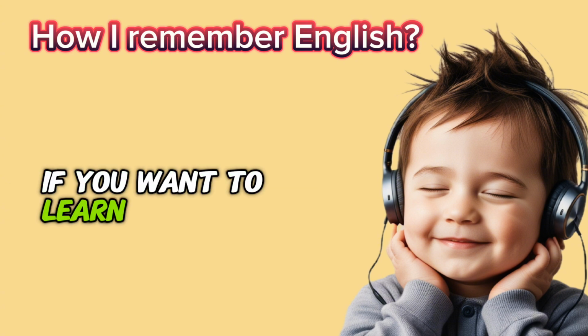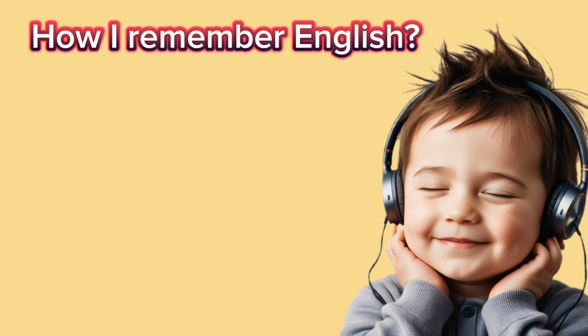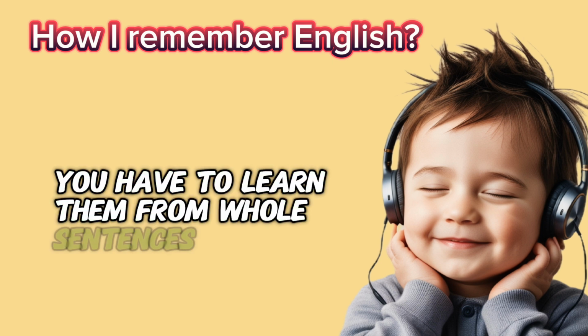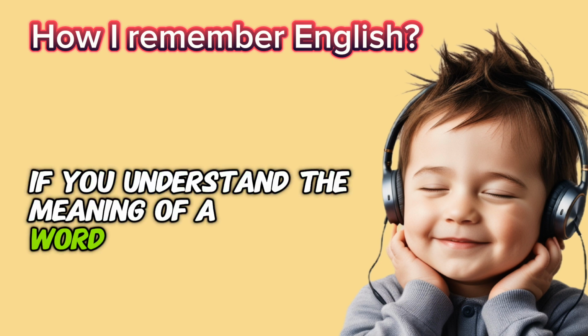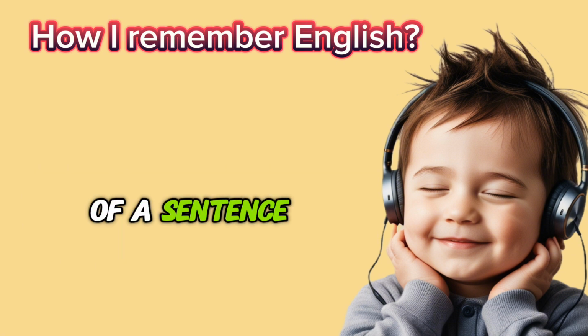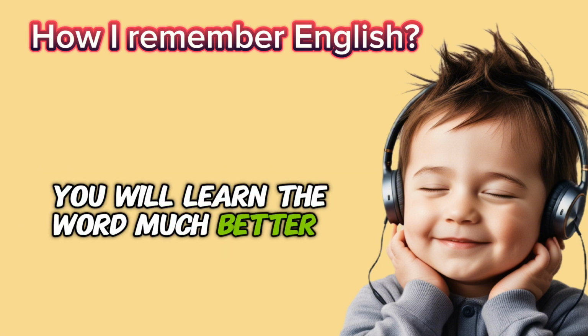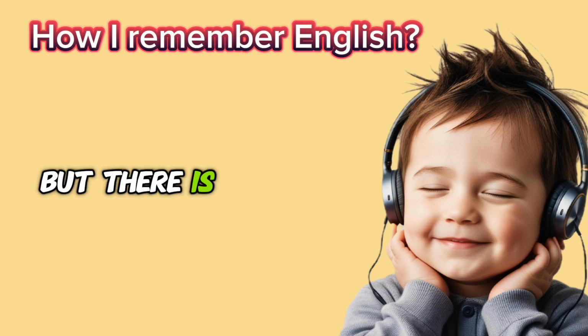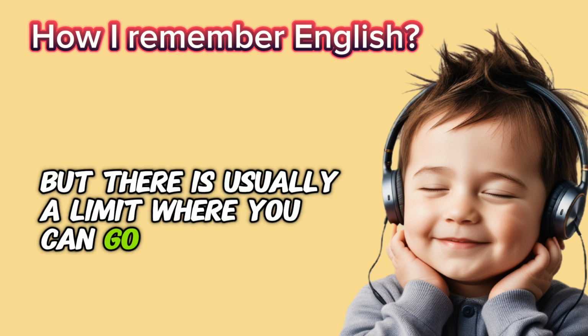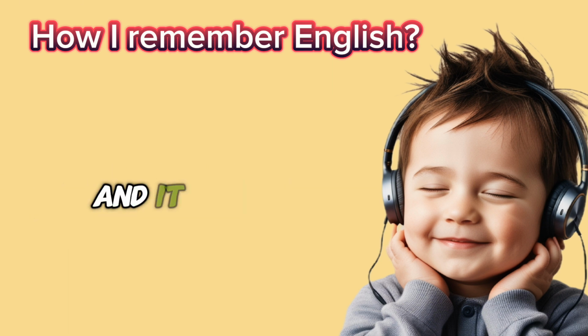If you want to learn words from a higher level, you have to learn them from whole sentences. If you understand the meaning of a word in the context of a sentence, you will learn the word much better. You can learn words from lists, but there is usually a limit where you can go with this way of learning, and it is 1,000 words.